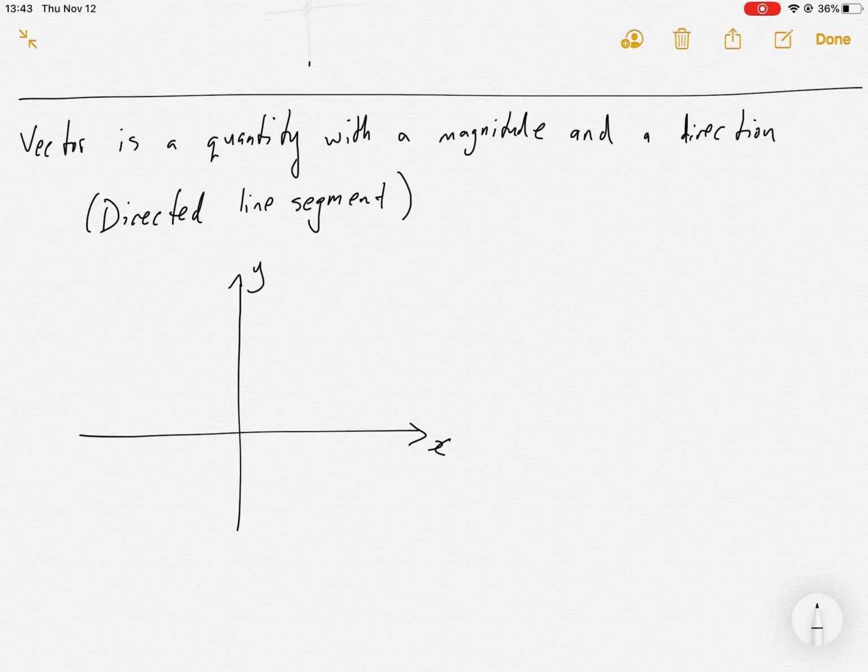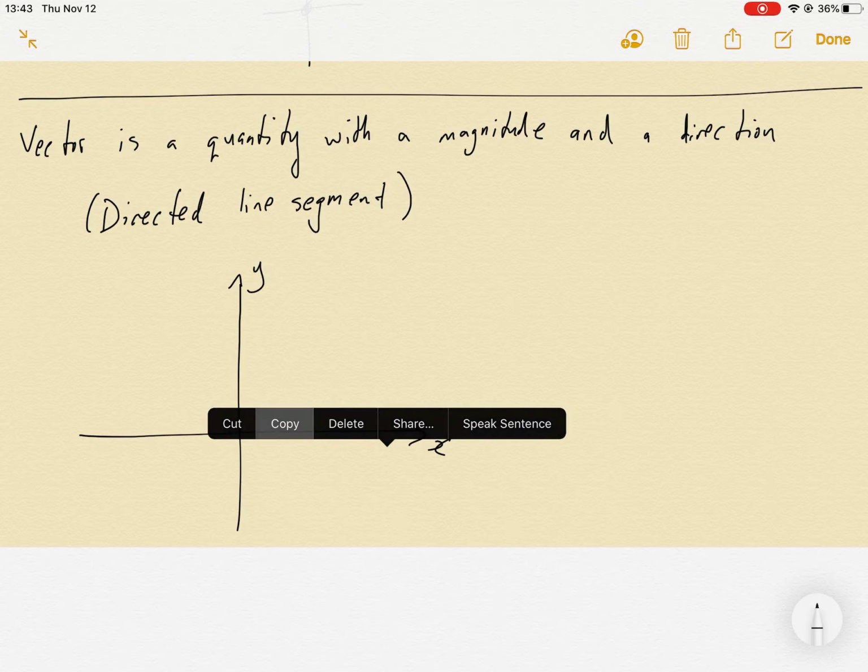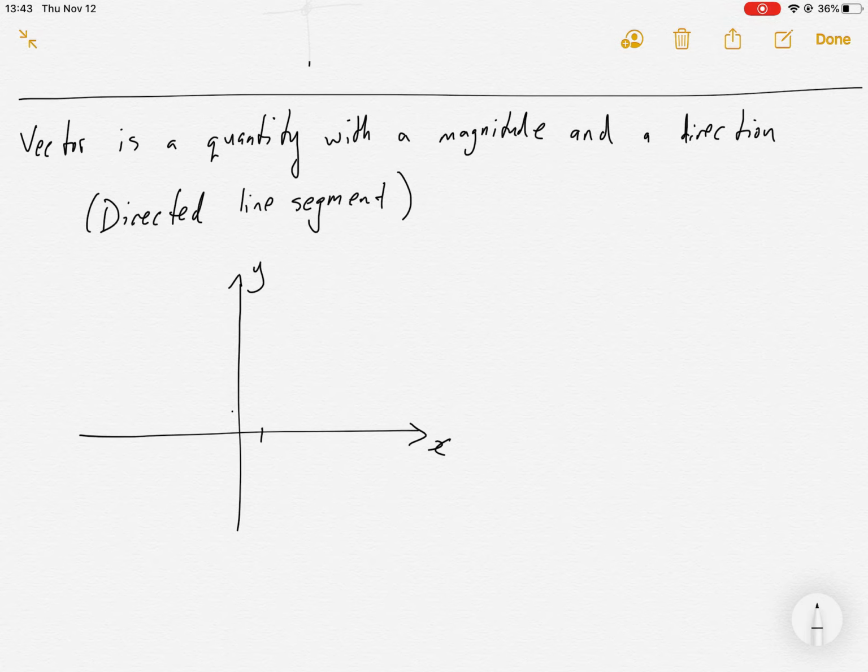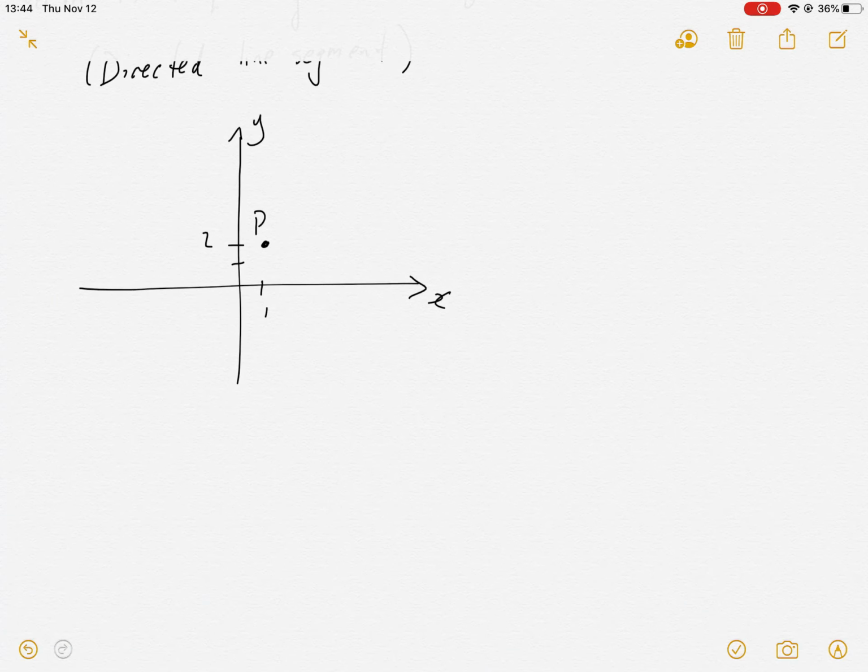Let's start at the point 1, 2. I'll call that point P. That's what I usually use for the initial point, but it really doesn't matter what letter you use. And we'll say that it ends up at the point 3, 4. We'll call that Q. So here is a vector right there.